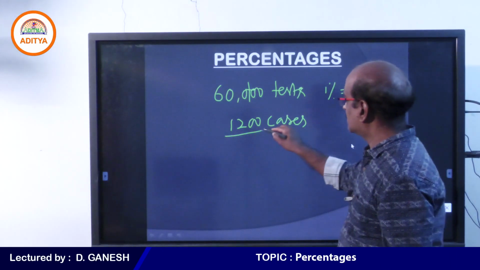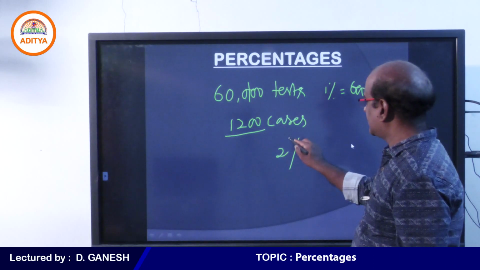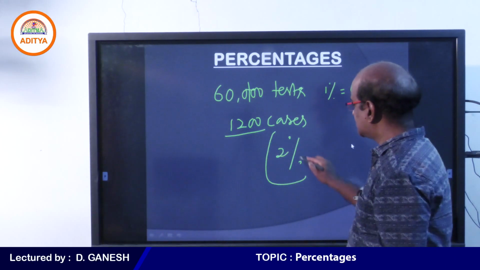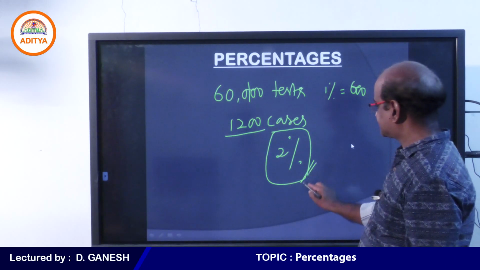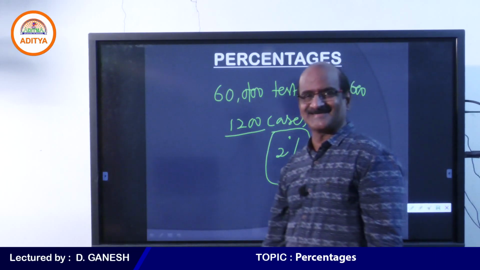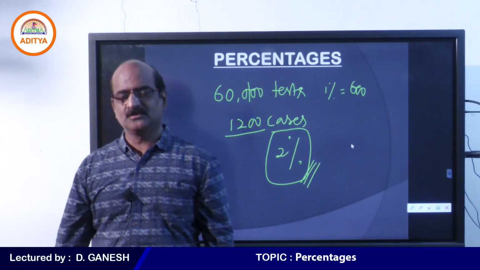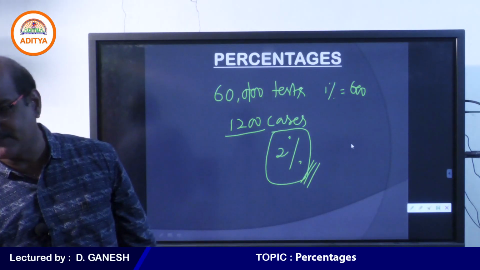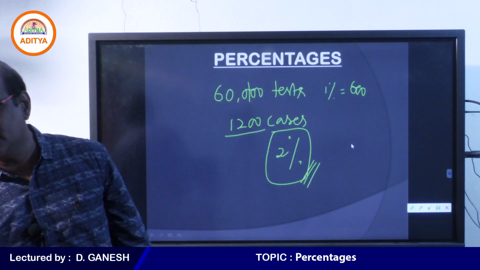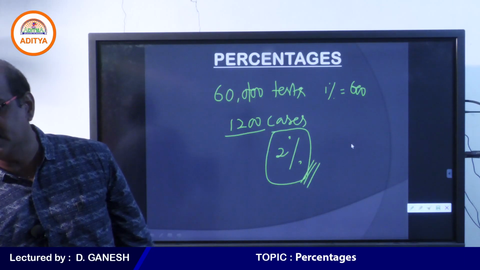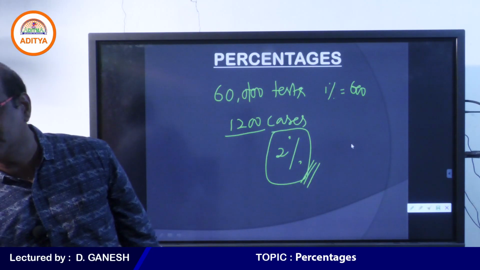We have reported 1200 cases, therefore we declare that in Andhra Pradesh the positivity rate is around 2%. So relatively it is safe, and we declare that it is absolutely safe. This is what we call the positivity rate.